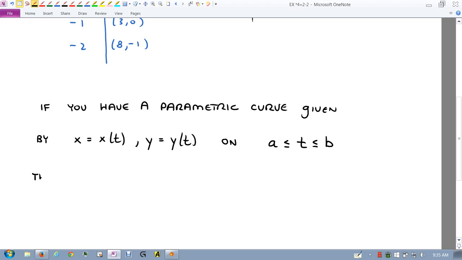Then x of a, y of a, that right there is the initial point of the curve.